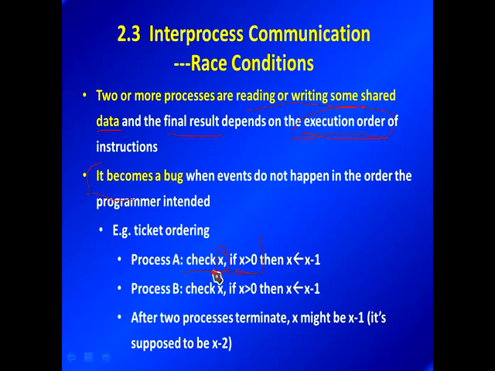Process A reads X and then writes X. Process B does exactly the same thing, reads X and then writes X. But if the execution order is changed like this, if process A executed these two instructions and gets X is 3, at this point it's possible for process B to be chosen to use the CPU.